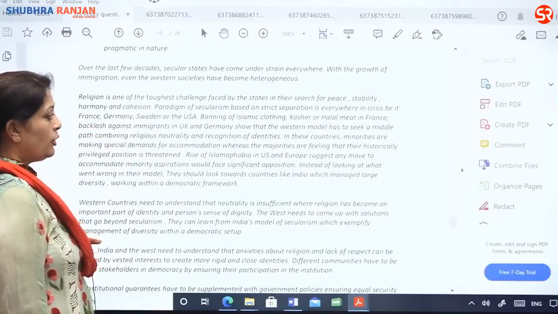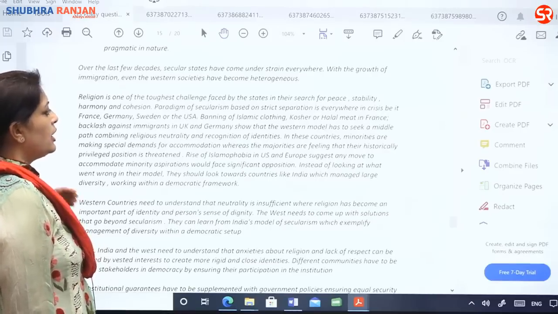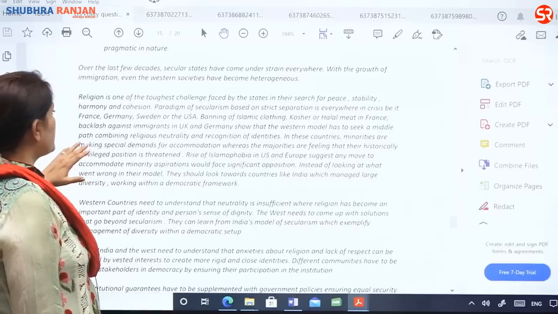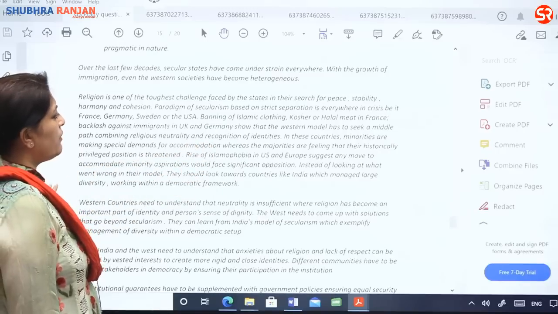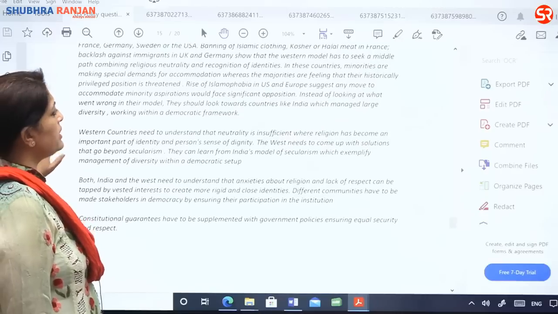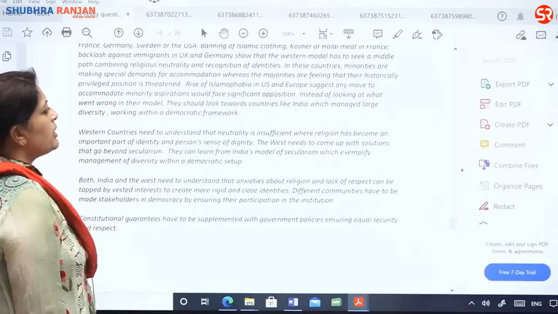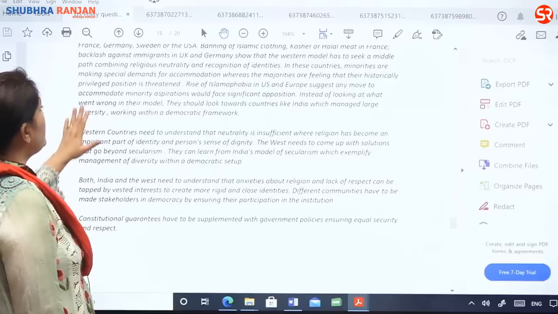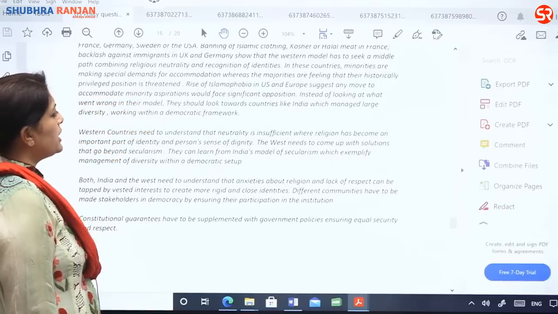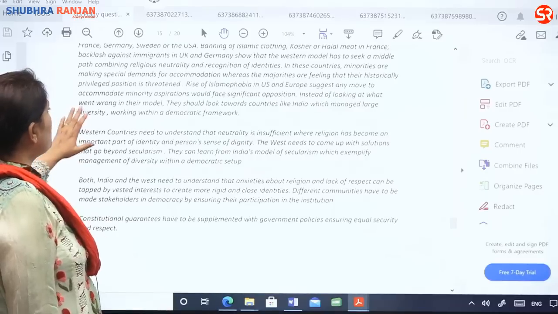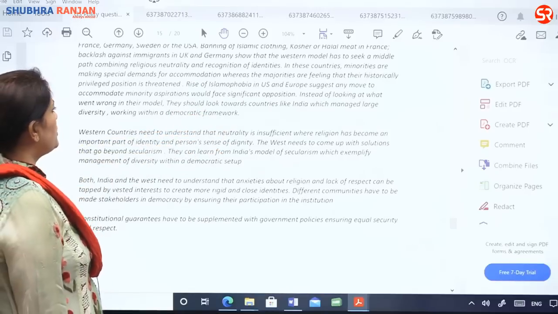Banning of Islamic clothing, kosher or halal meat, and backlash against immigrants show that the Western model has to seek a middle ground combining religious neutrality and recognition of identities. In these countries, minorities are making special demands for accommodation, whereas majorities feel their historically privileged position is threatened. The rise of Islamophobia in the US and Europe suggests any move to accommodate minority aspirations would face significant opposition.